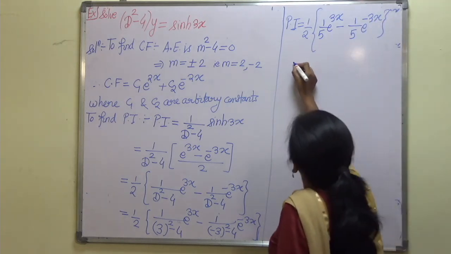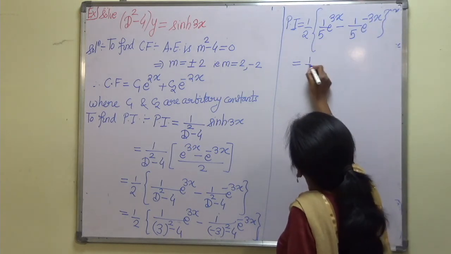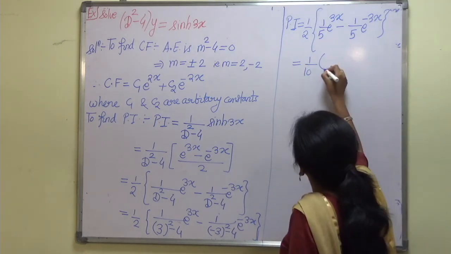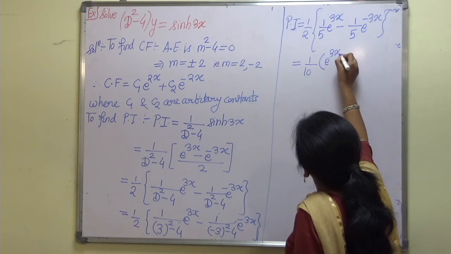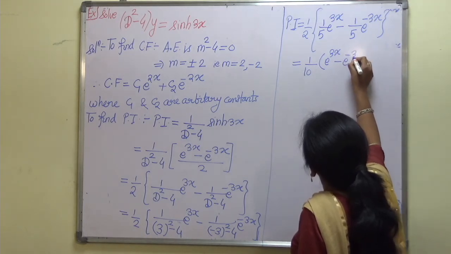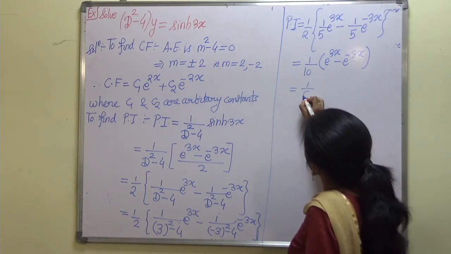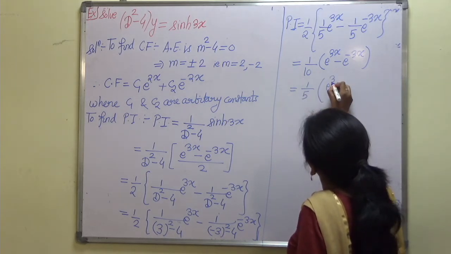Okay. So we will take 1 by 5 completely outside. 2 is already there. So 1 by 10. What is left is e raised to power 3x minus e raised to power minus 3x, which I can write as like this.